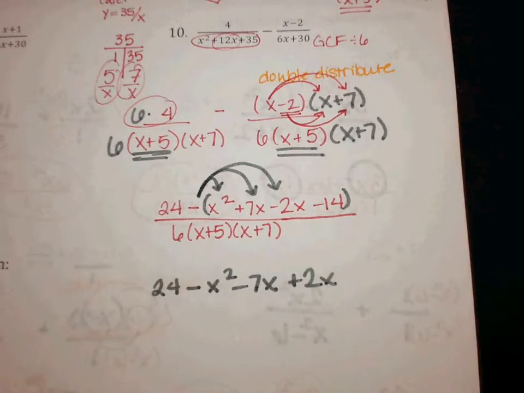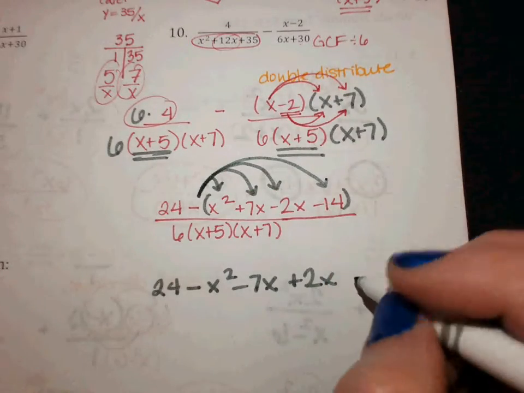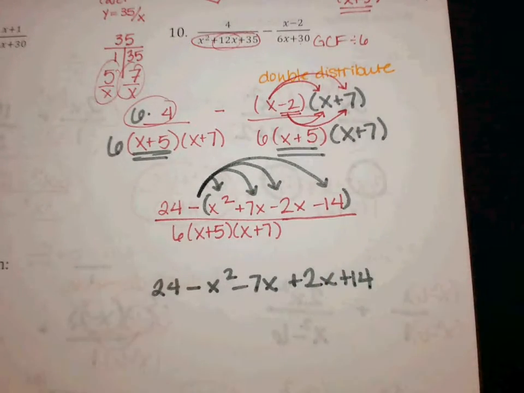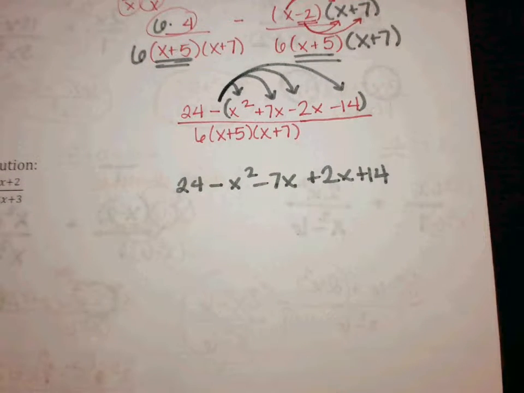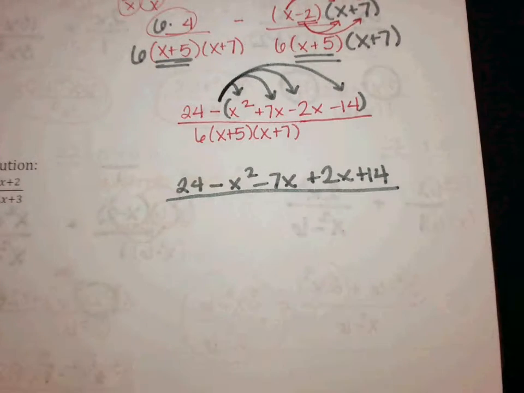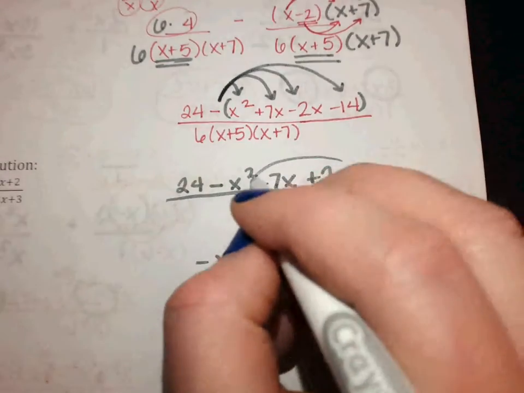And then my 14 had started off minus, but because of the minus that we're bringing in, now it's a plus 14. And then I'm going to combine all of my like terms. I'm not even going to put the bottom on this one. Okay, I'll just put like that. And then I'm just going to rewrite it and put my final answer. Okay, so my negative x squared is by itself. What is negative 7x and 2x?